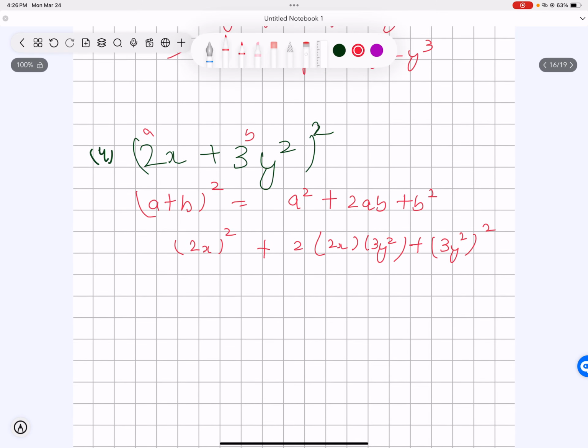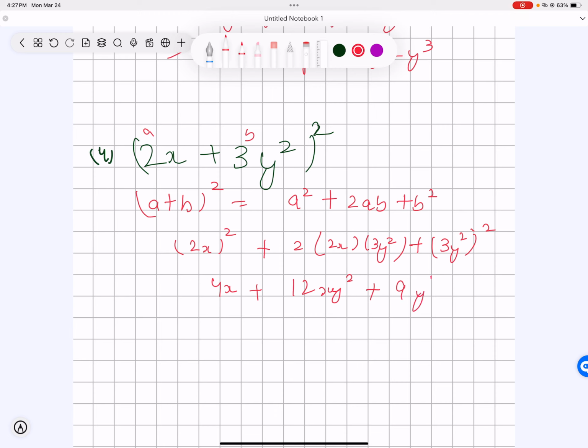So if we solve this, we get 2 squared is 4x squared, plus 2 into 3 is 6, 6 into 2 is 12xy squared, plus 3 squared is 9, and I'm gonna add the exponents of the variables.